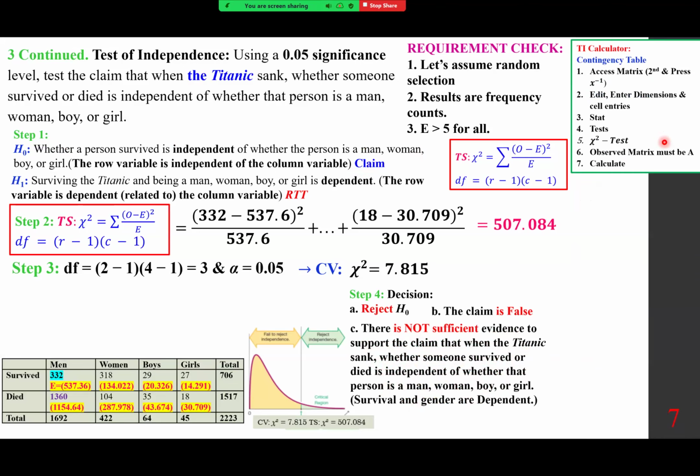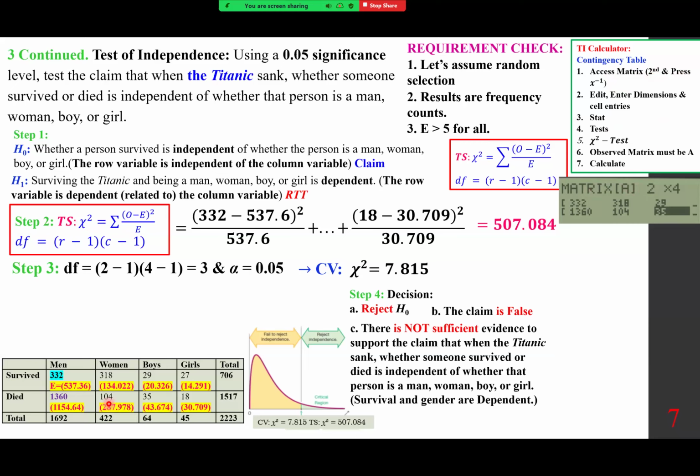Now, if you go with the contingency table and you want to set this up, you use a matrix. You access matrix by pressing second and x to the power of -1, edit, enter, then stat, and then you do chi-square test. So here's what we do. We go to matrix A, and it's a 2x4 matrix.